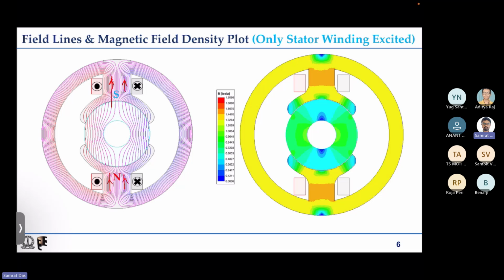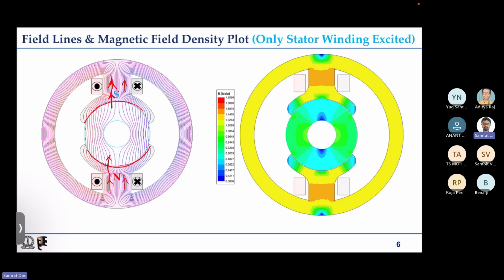So if it is going upward, that means this is the stator pole surface. They are going into the stator pole, that is it has to be a south pole. On the other side, for the bottom stator pole, flux lines are coming out of the stator pole surface, which I am indicating with this red color.